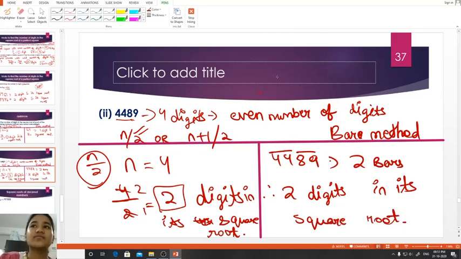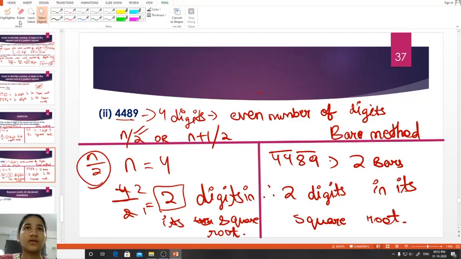But as I informed you earlier also, if we are going to take any odd number, for example, 361, for that you have to apply this method itself, n plus 1 by 2.